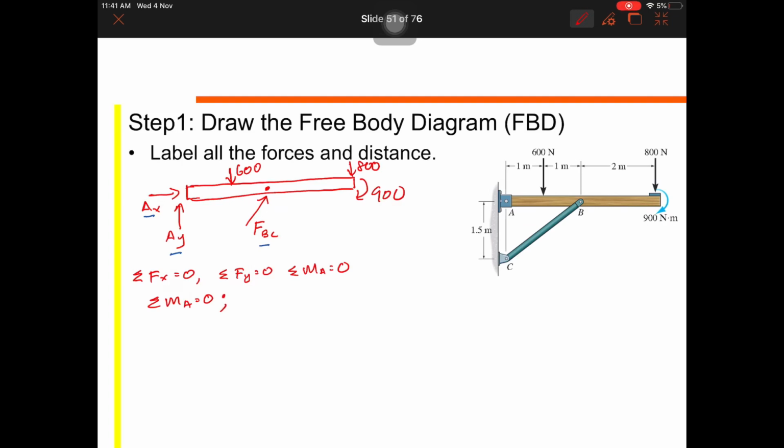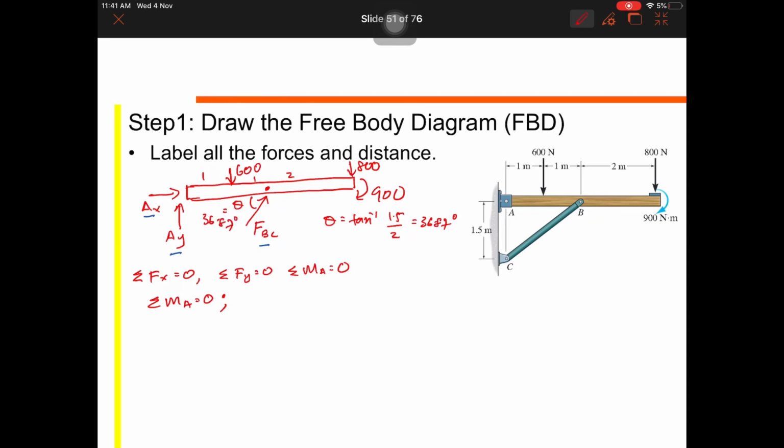So this is 1 meter. This is 1 meter. This is 2 meter. So the angle theta is tan inverse 1.5 over 2, so this is 36.87 degree.